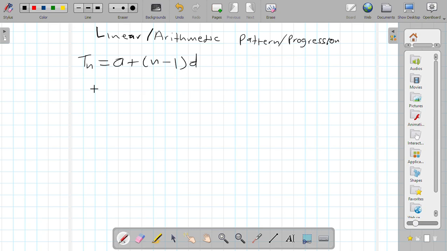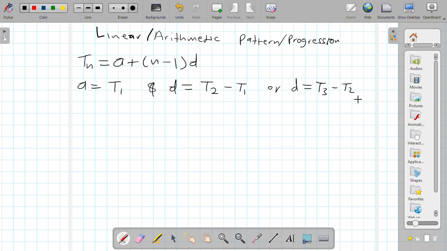Here A is equal to T1, or term number 1, and d is simply equal to term number 2 minus term number 1, or you can write d as term number 3 minus term number 2.